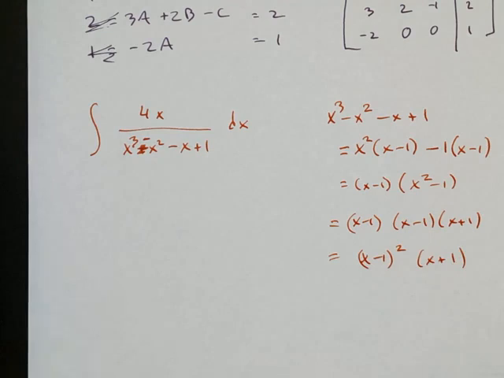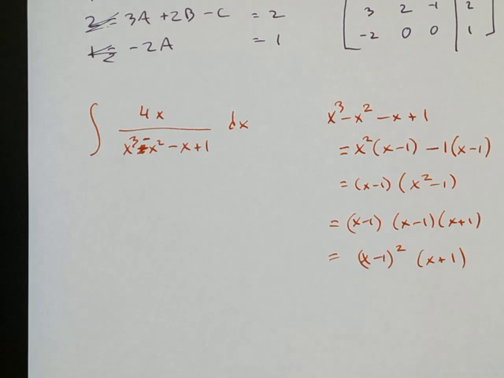The problem here is I have repeated a factor. That x minus 1 is down there twice. When I go to write my partial fractions, I need to make sure it's in there twice too.